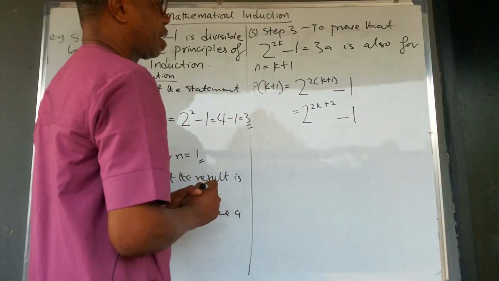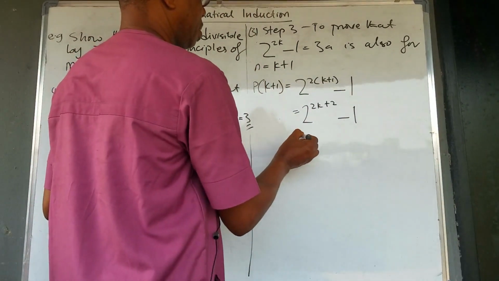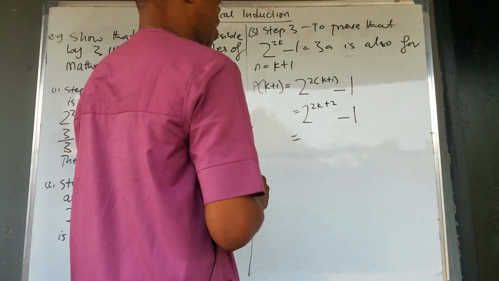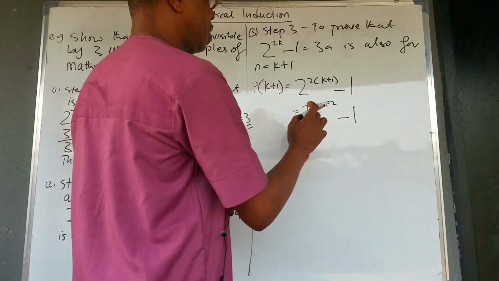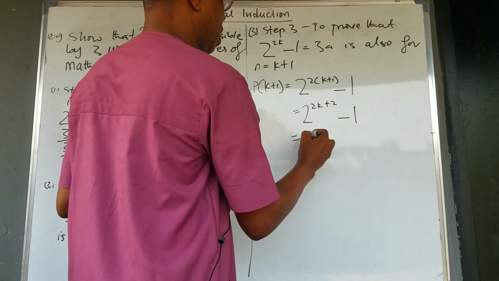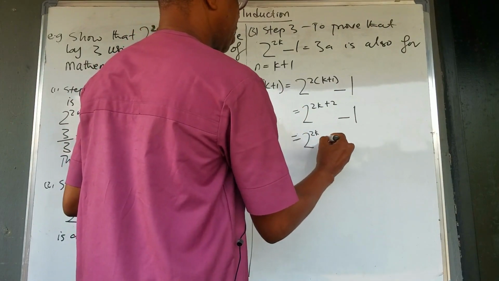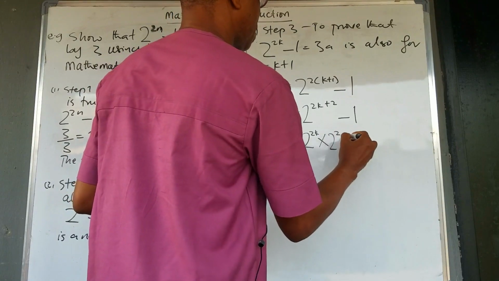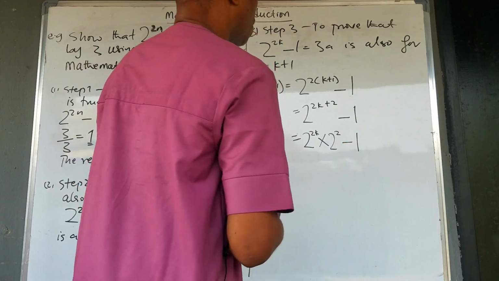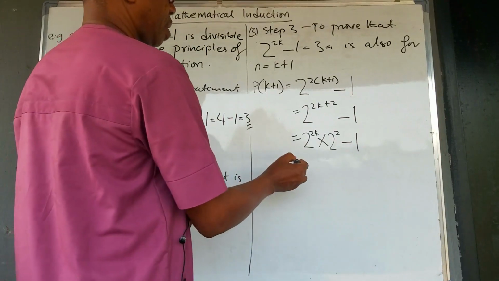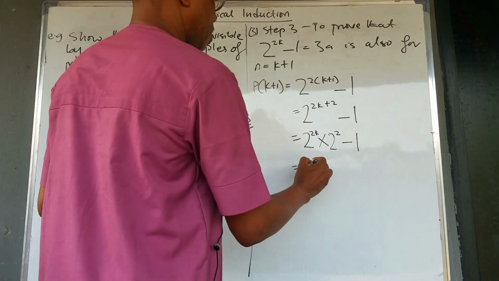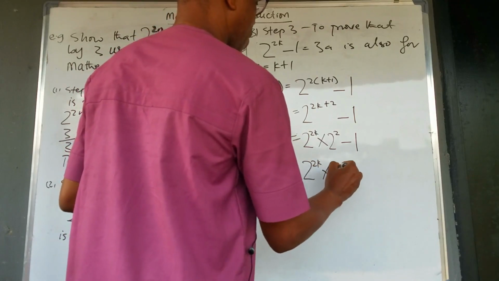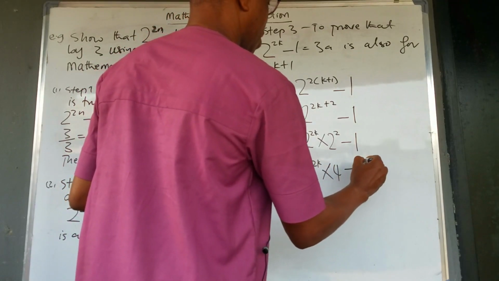And going down carefully, if you use the simple understanding of indices, you will know that this also means 2 raised to the power 2k times 2 raised to the power 2, minus 1. Coming down, it will give you 2 raised to the power 2k times 4, minus 1.